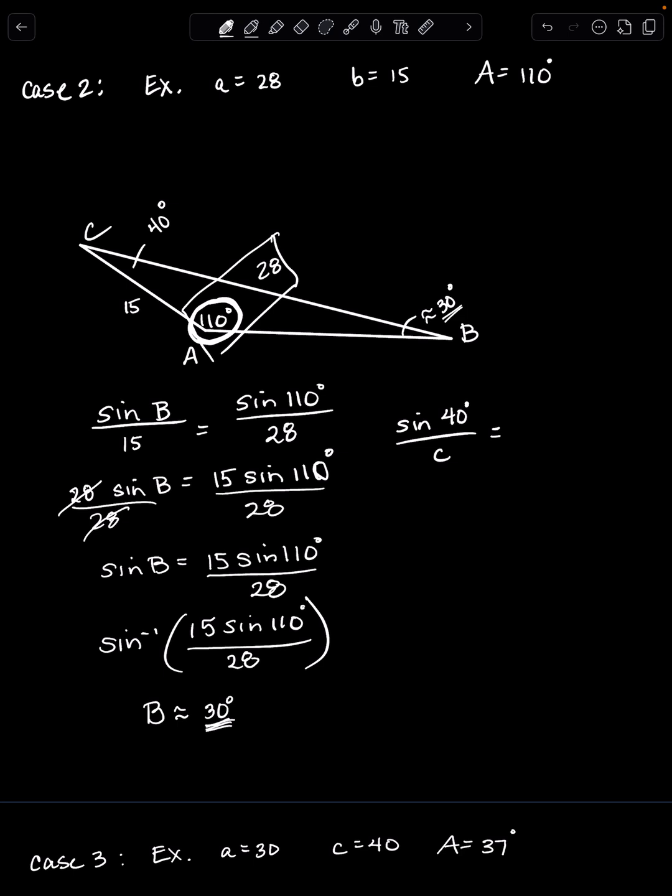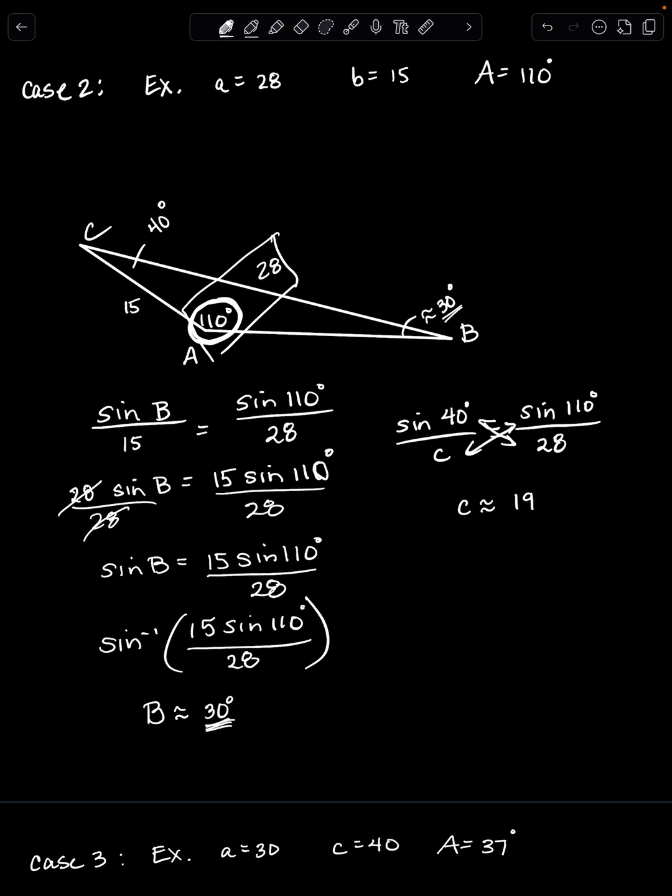All right, so we want to use what we're given, so we're going to use the sine of 110 over 28, and you're going to cross multiply, and we're going to find that C, I'm not going to write that out because you already know how to do that. We've got C equals about 19.